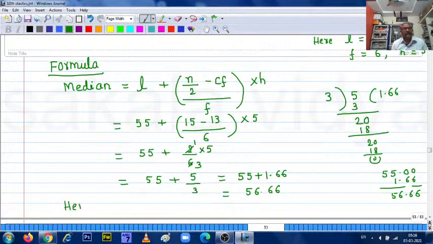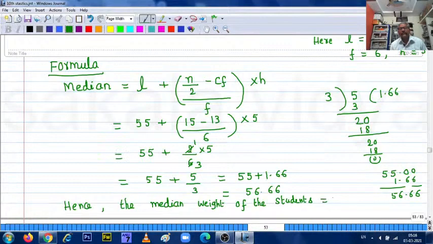Hence the median weight of the students is equal to 56.66. So this is the answer. I hope you have followed this one.